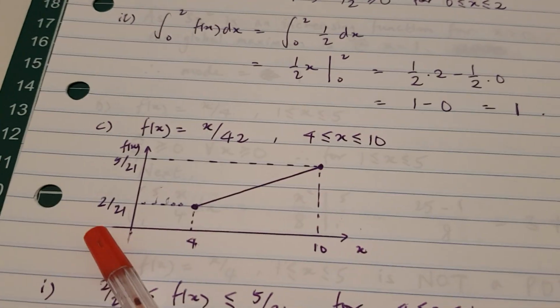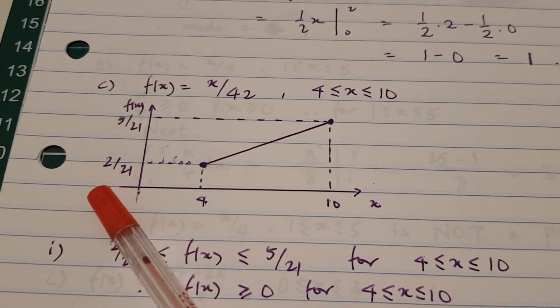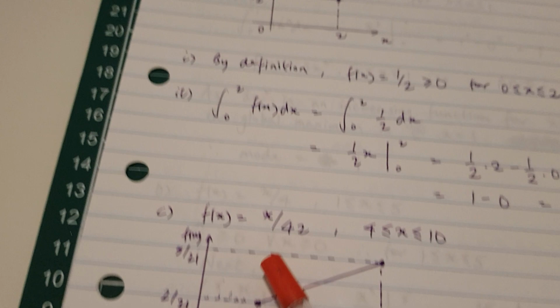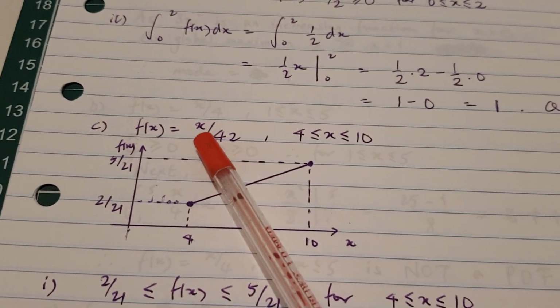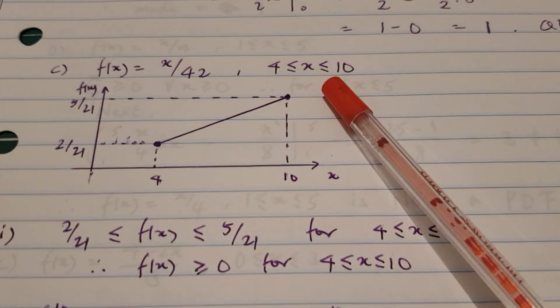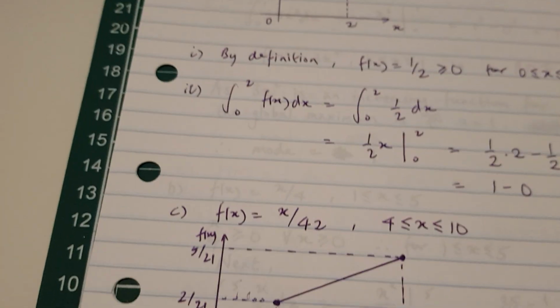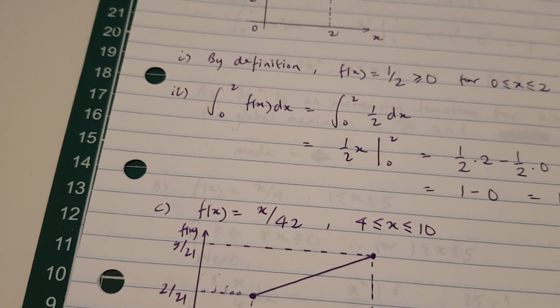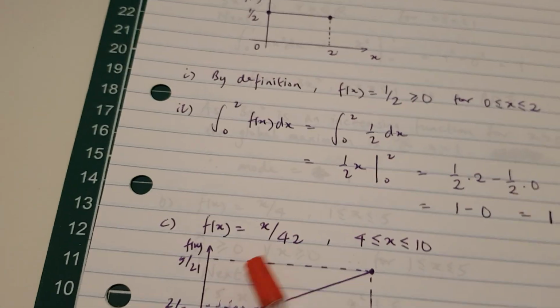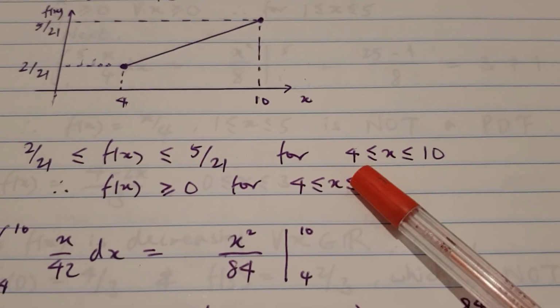So the corresponding y values are 2 on 21 and 5 on 21. And this is an increasing function because the gradient is 1 on 42, so it's going up the hill. So it's positive, the least value is 2 on 21. Therefore, within that domain, the function x on 42 is always positive. So the first condition is ticked off.